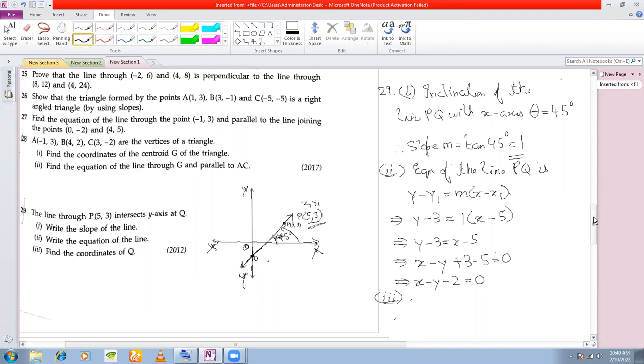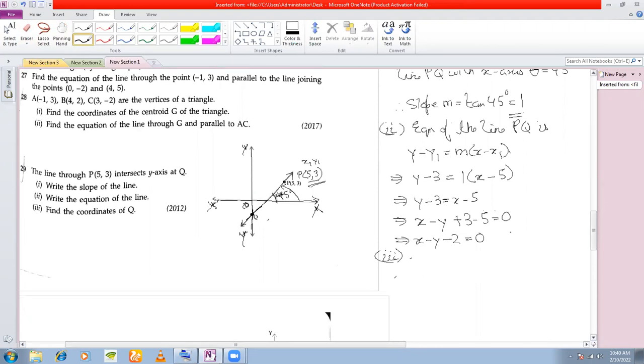And how do you find out the point of intersection of a line with the y-axis? What is the equation of the y-axis? x is equal to 0, isn't it? So this line x is equal to 0 and this line PQ, whose equation we already know. What is the equation we have found out? x minus y minus 2 is equal to 0. This, right? So this line and this line x is equal to 0 intersect at Q.